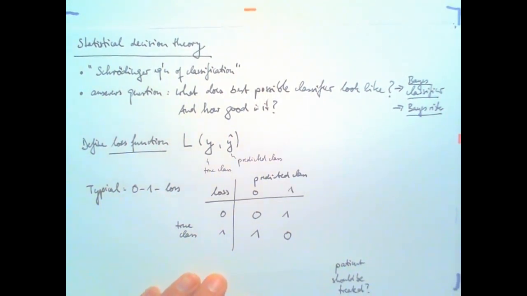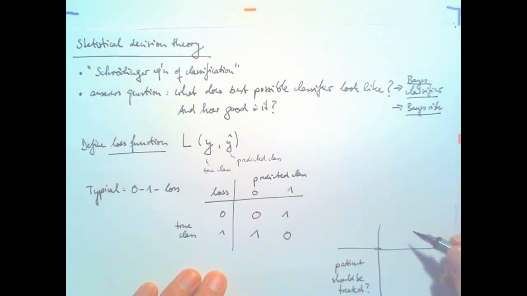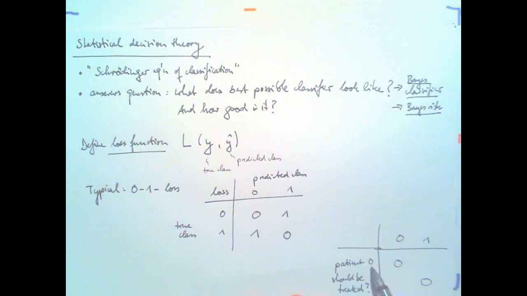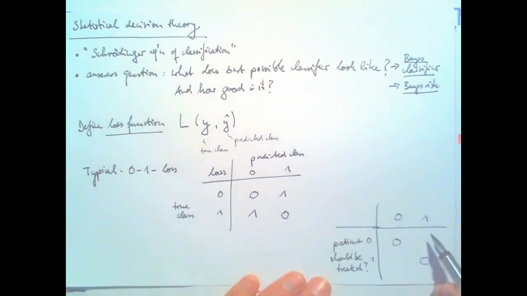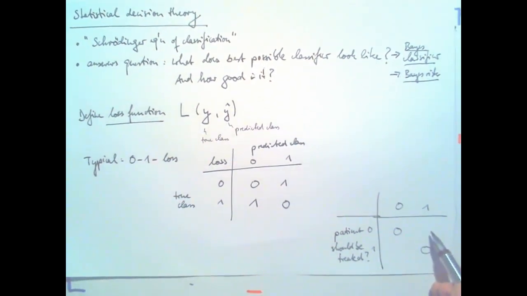and let's say that we have a cheap test and an expensive test, and the cheap test, for instance, if it does the right thing, no problem. If my cheap test says that the patient should be treated, and in fact the patient was not sick at all, then I have wasted the patient's time and I have wasted the money for the expensive test.